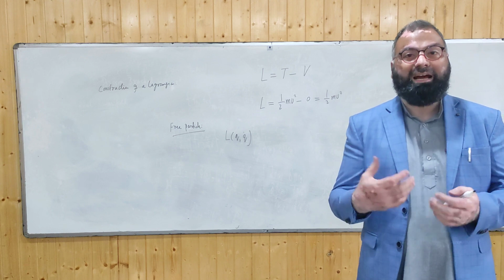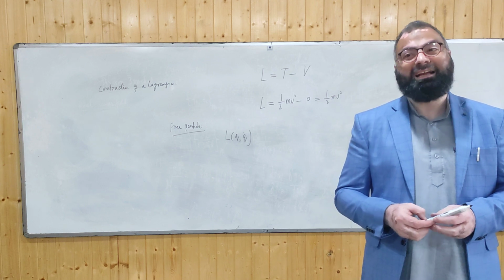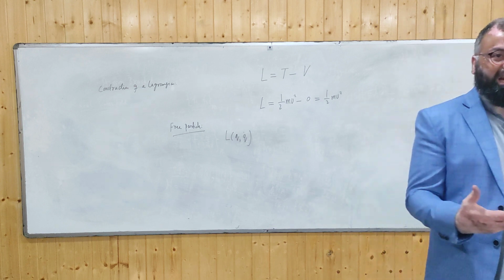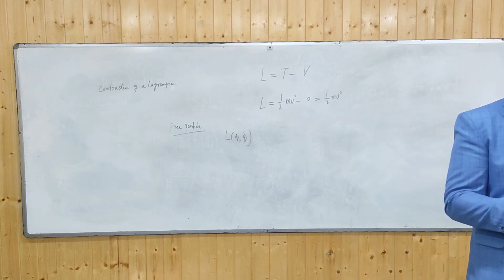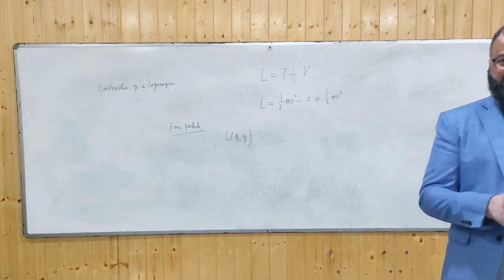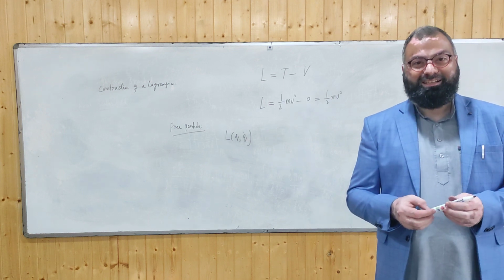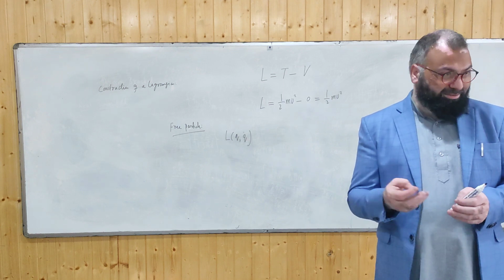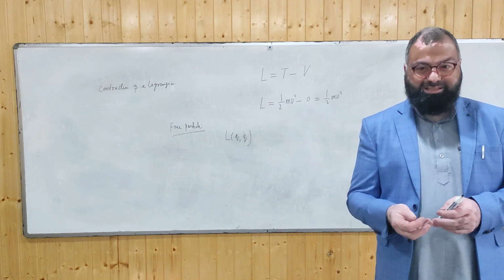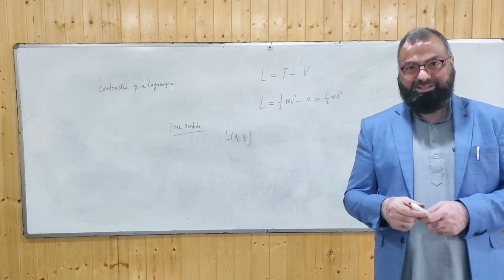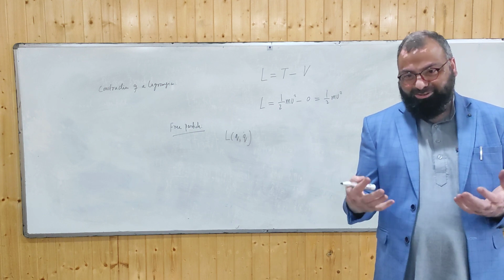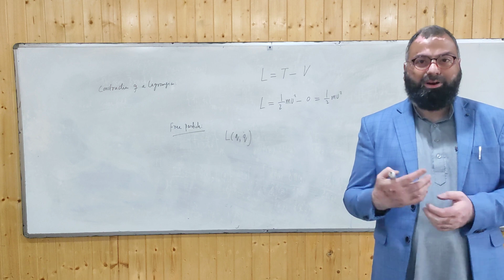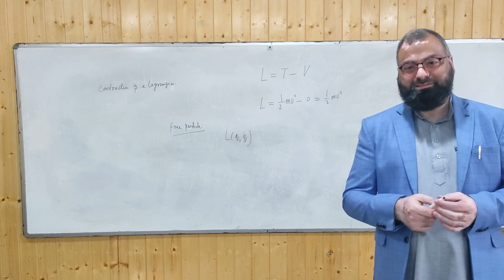What kind of function do I need? I need a scalar function first, because it is only the scalar function which will remain invariant under what? It will remain invariant under rotation, translation, as well as time translation. Clear? So all these three symmetries will be followed by scalar quantities.